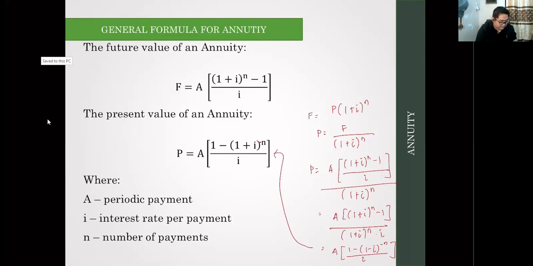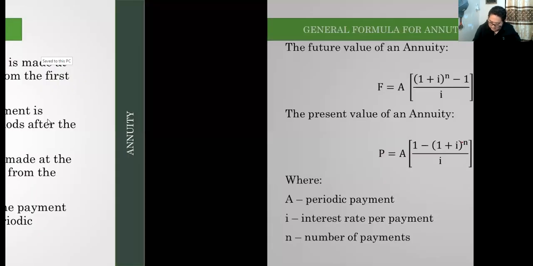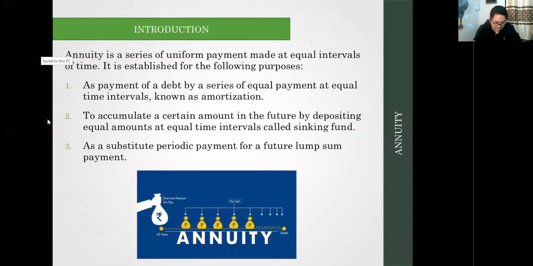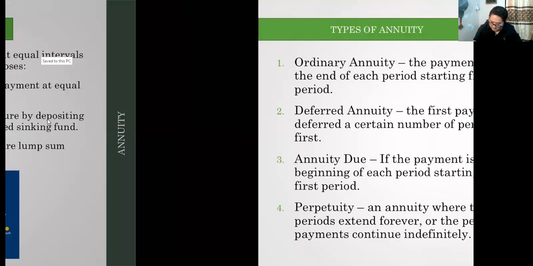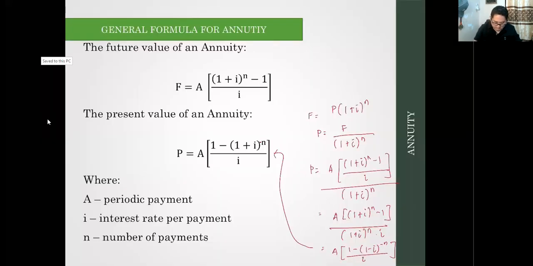F over A. Okay, balik natin dun sa slide.